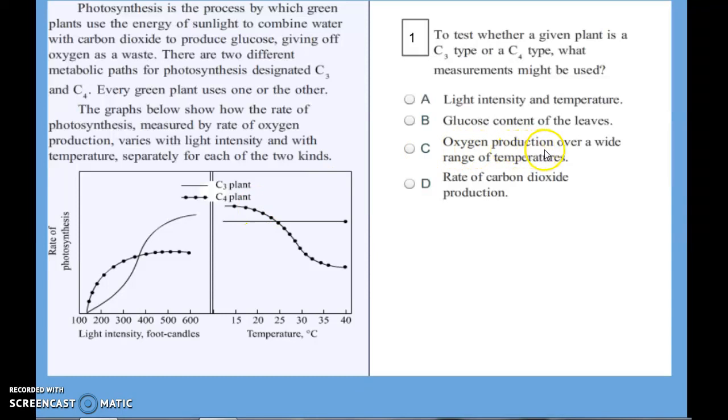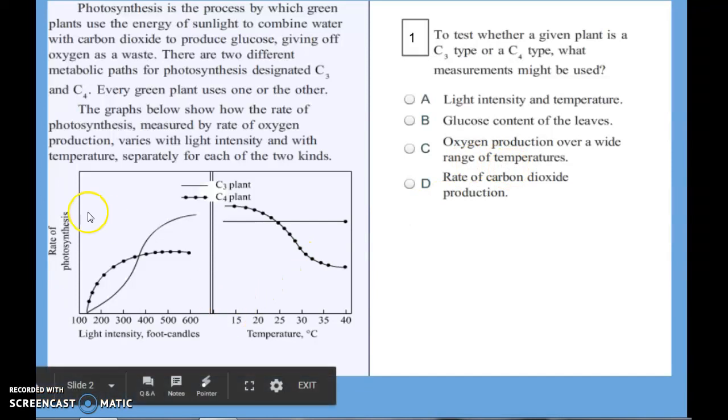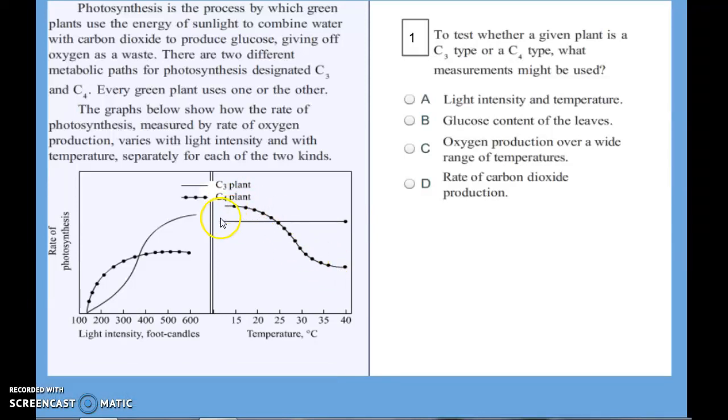Now, oxygen production over a wide range of temperatures. Well, now, if we're looking at just the temperatures, when we change those temperatures, photosynthesis changes dramatically for the type C4, but it doesn't change at all for C3.